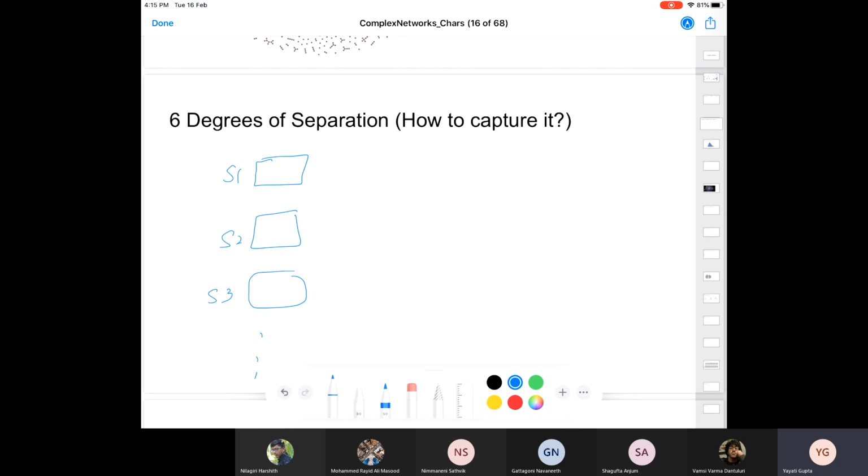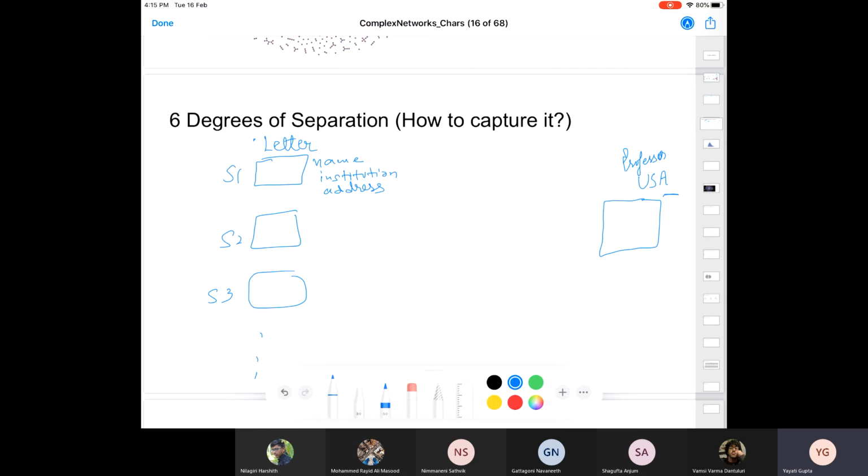Milgram chose a professor in USA, and he gave a letter to each of these participants. The letter consisted of a few basic information about this professor, like the name of the professor, his institution, and his address also.